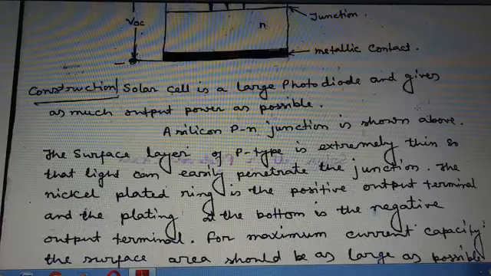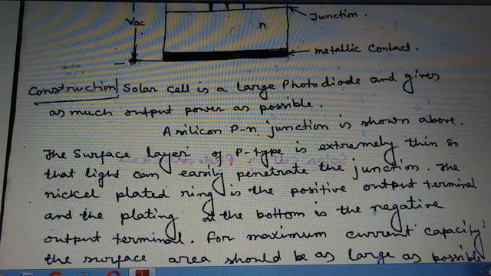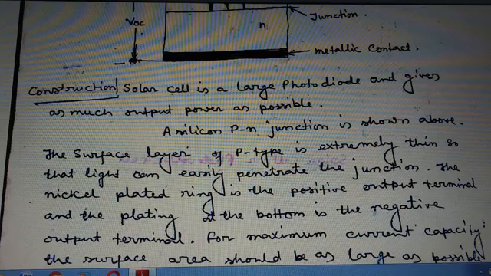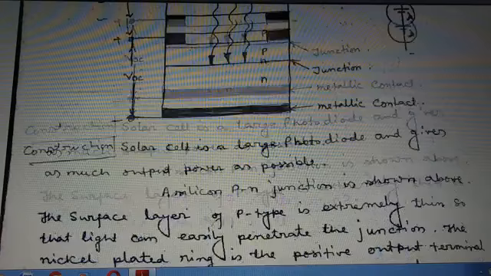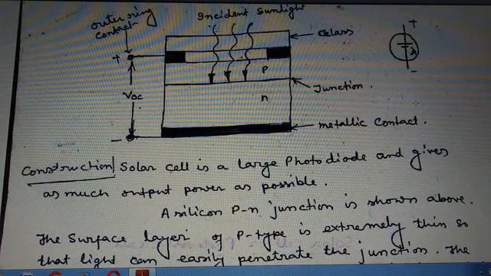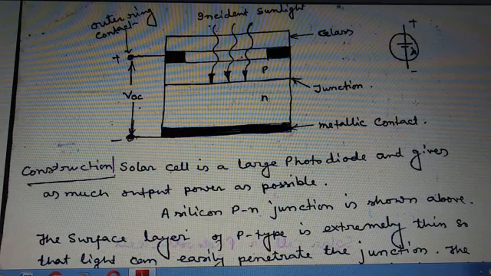Now in detail, the construction is like that. The solar cell is a large photodiode and gives as much output power as possible. A silicon p-n junction is shown in this figure. The surface layer of p-type is extremely thin, so the light can easily penetrate to this junction.